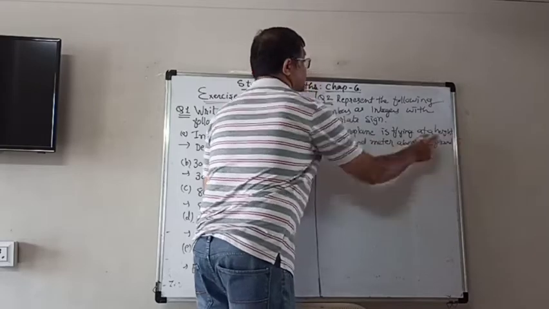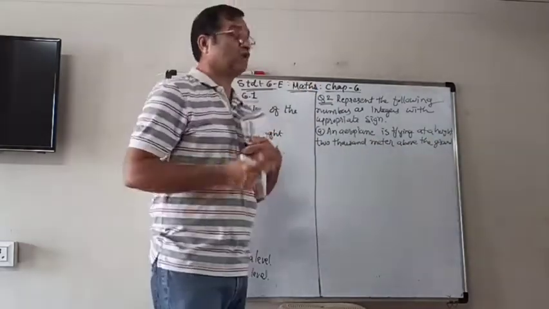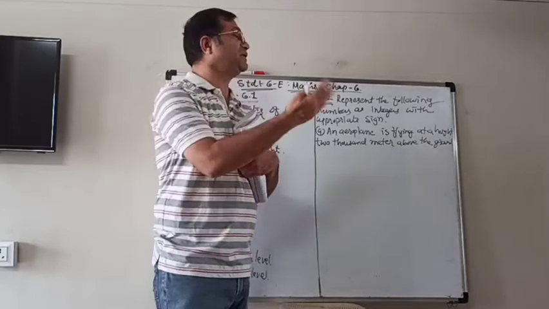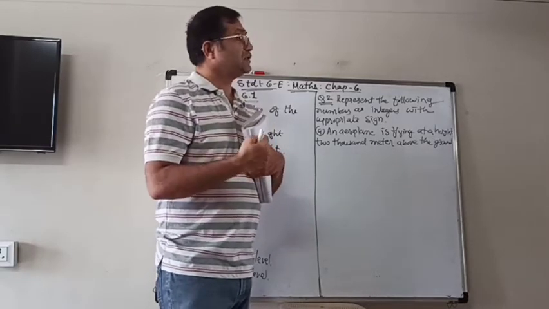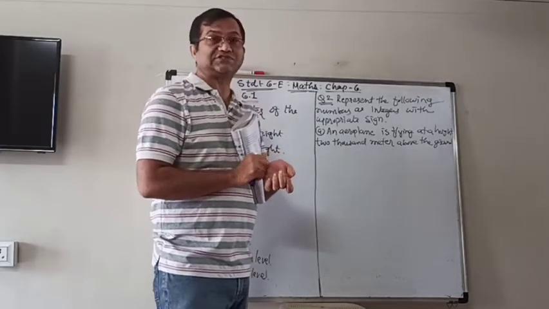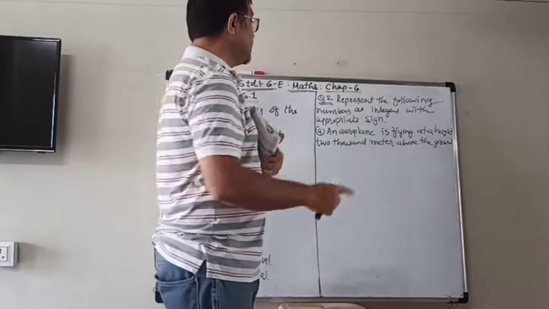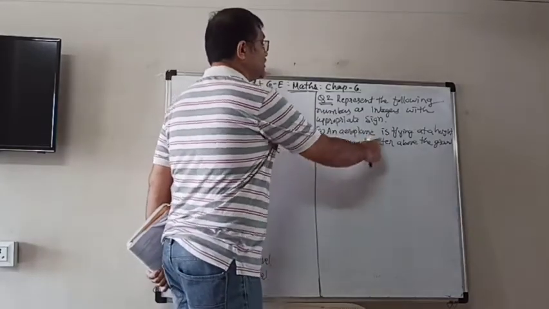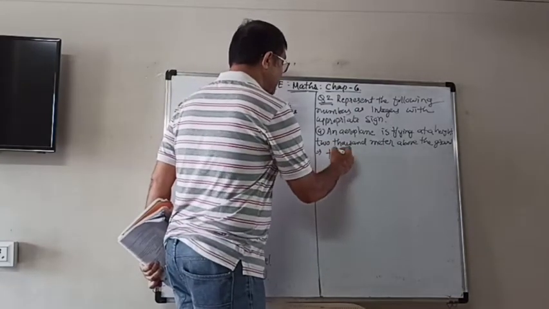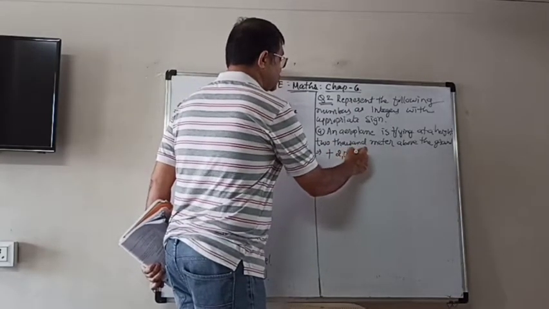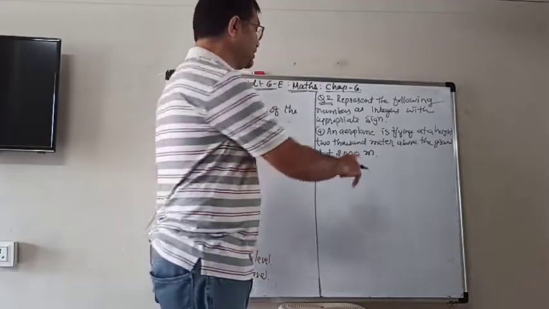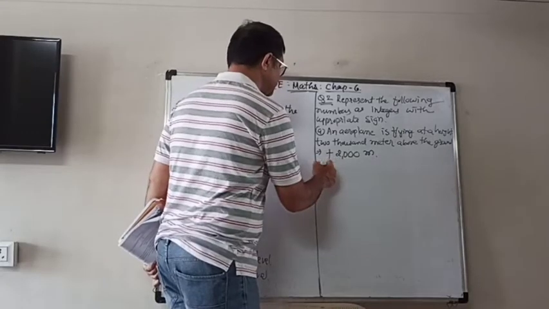Now we already learned in the beginning of this chapter, above and below, profit and loss, etc. So here above is taken as plus. What is the height? 2000 meter above the ground means plus 2000 meter. So that is the integer with sign.